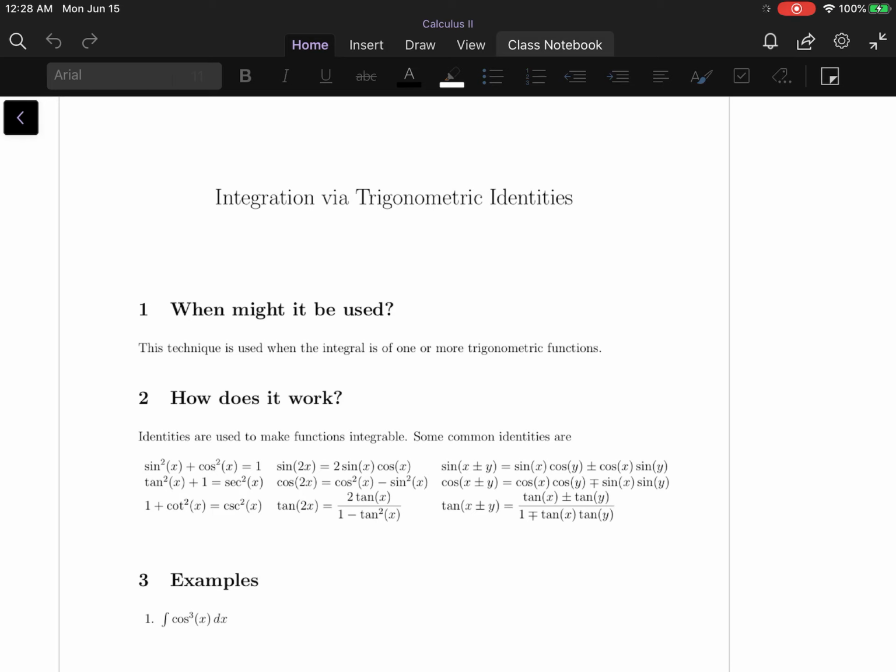So I am going to view this as the integral of cosine of x times cosine squared x dx. I'm going to make the substitution for the cosine squared, which is going to be 1 minus sine squared.